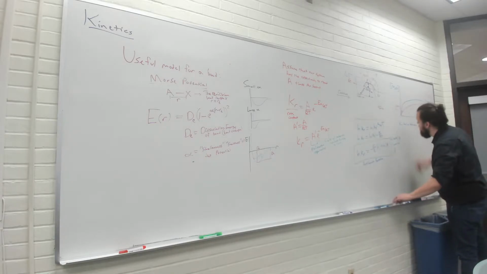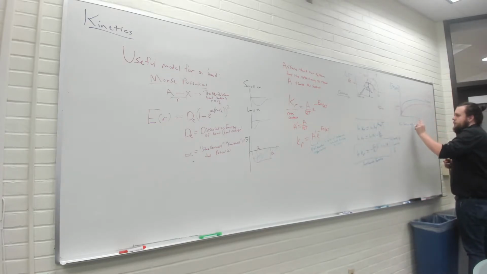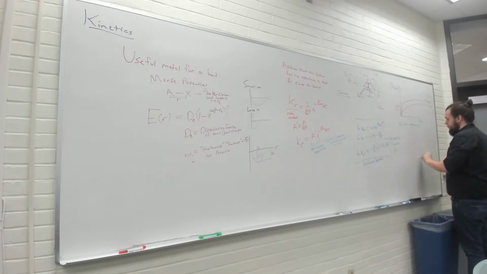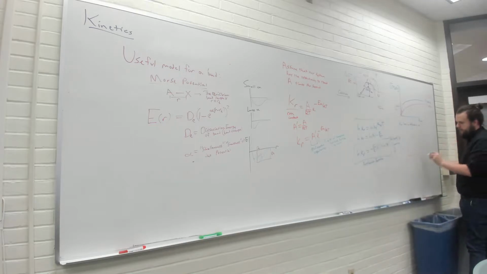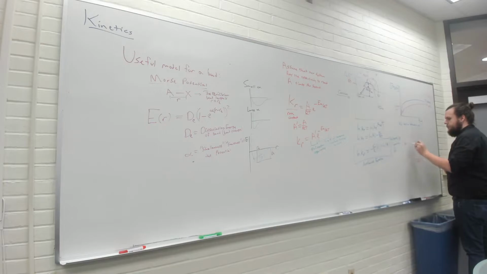So if I were to take this data and plot these rates with 1 over T on the x-axis, this is hotter as we go to the left, and the rate on the y-axis, we should see a relationship that looks like this.